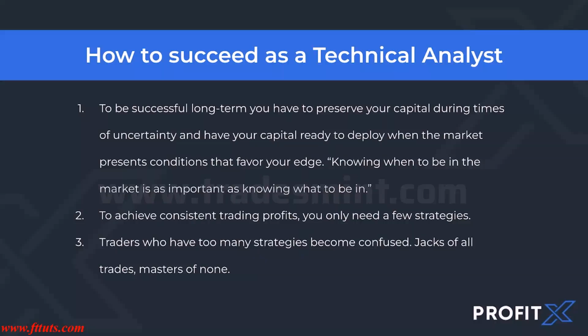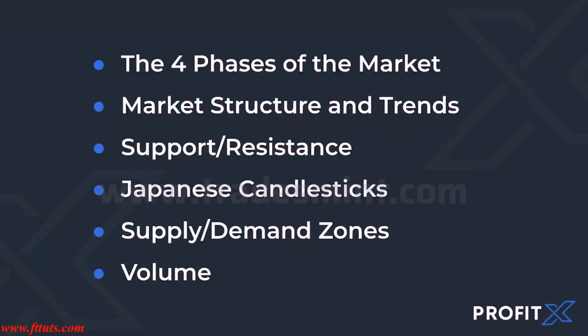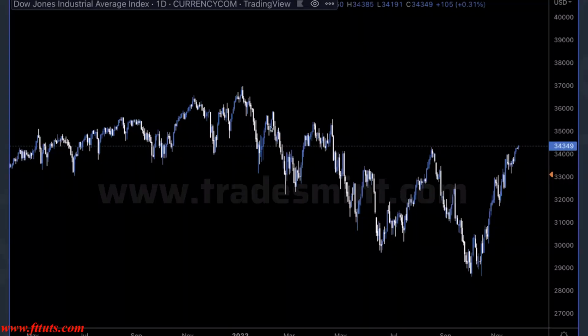There's a few things I want to talk about here for a minute. To be successful long-term, you have to preserve your money during times of uncertainty. So when we look at this chart, if there's something you don't understand, that's the time to stay out. As an analyst, if something is unclear, if you can't identify your edge, you want to stay out of the market at that time.